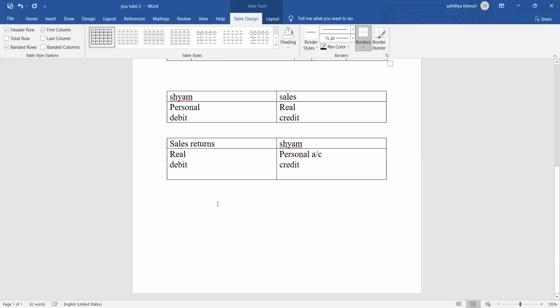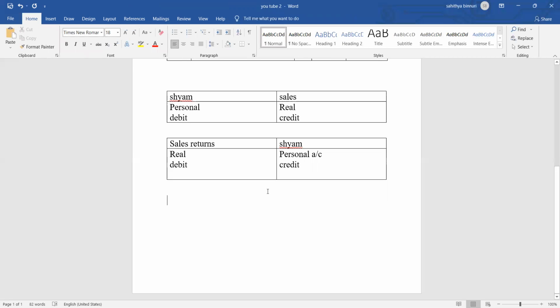Now we will see how much amount we actually need to receive and how much we have received, because whenever full settlement is there, the word discount will be involved in the transaction. Discount is involved in the transaction when the words full settlement are there. First of all, on January 2nd, you made a sale worth 7,000 rupees. And on Jan 5th, Sham came back to you and made sales returns worth 200 rupees.